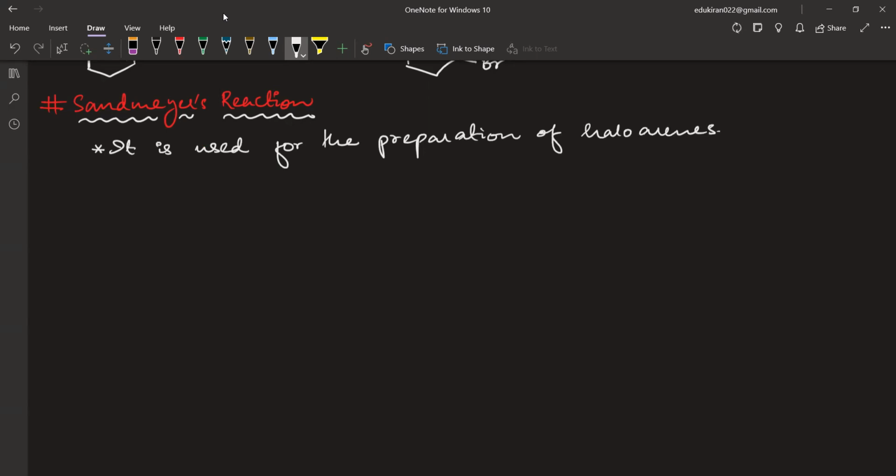Now, what is the reagent and what is the substrate that we are using? We use here benzene diazonium salt.